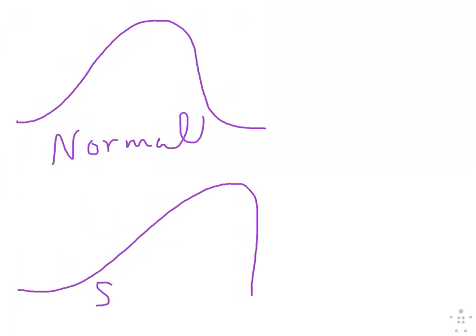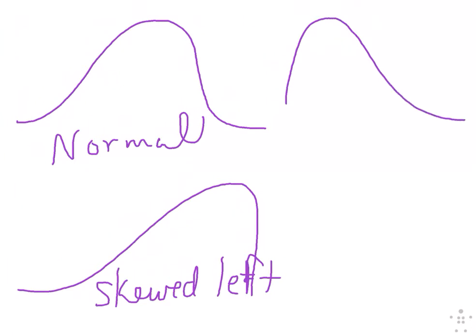That would be considered skewed left. So if the picture looks like that, that's considered skewed left. And then, if it goes up and then comes down like that, that would be considered skewed right.